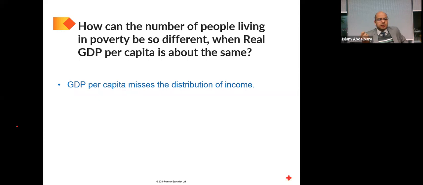But if we know that the general manager earns 90% of this income, and 10% is for the rest of the workers, then here the average income is a misleading, biased indicator, because it does not reflect the reality. We have income inequality. We don't have an equal income distribution.